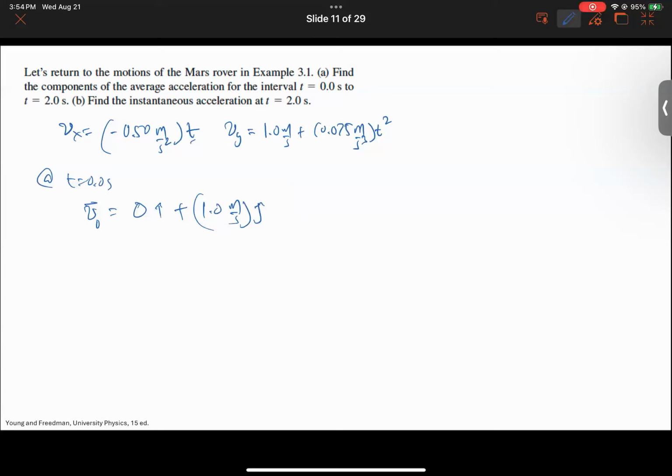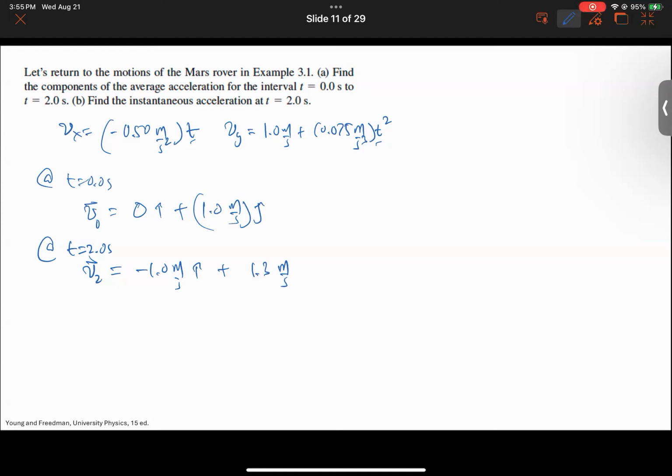So we're left with 0 for the x component and 1.0 meters per second for the y component. Then at t equals 2 seconds, we have v2 equal to negative 1.0 meters per second i hat plus 1.3 meters per second j hat. Na-compute na natin lahat to kanina.